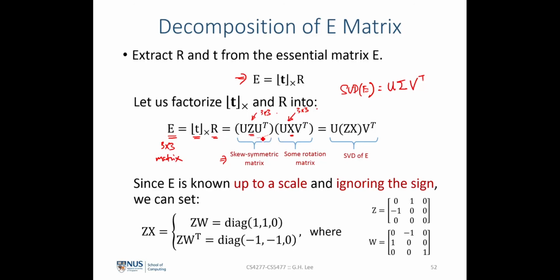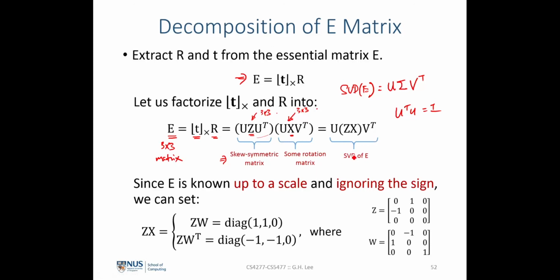Now, what remains here is for us to figure out what's a suitable matrix to represent Z as well as to represent X. And we can check that since there's a U transpose here multiplied by U, and since U here is the left orthogonal matrix, U transpose multiplied by U would simply be equal to identity over here. So we can evaluate the product of these two expressions over here into this form over here.